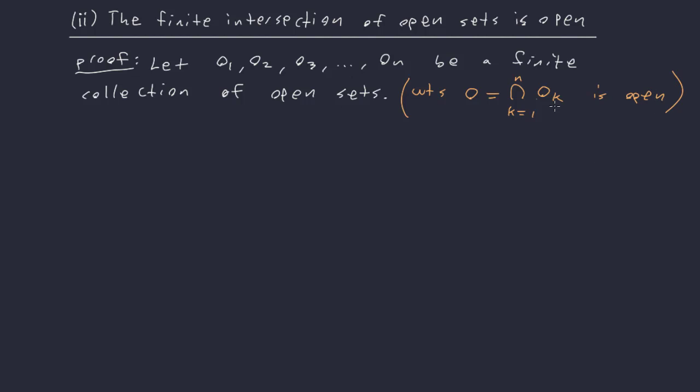Right, so we're going to start by picking an x in this O, and then try to show that for all x in O, there exists an epsilon, of course, greater than 0, such that V sub epsilon around x is contained in O. Okay? All right, so that's how we're going to start. We're going to let x be in O, which is the intersection k going from 1 to n of O sub k.